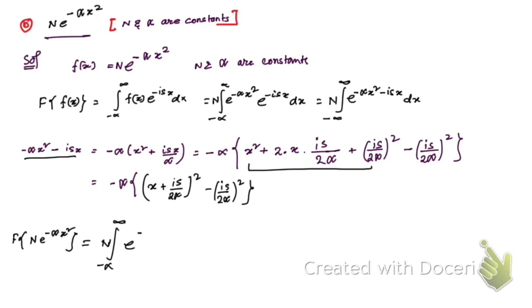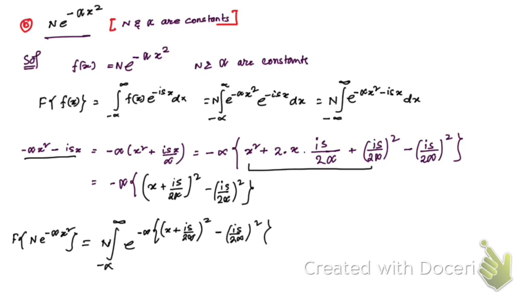So let me write the alpha properly. Minus alpha into x plus is by 2 alpha whole square. Then here we have minus is by 2 alpha whole square.